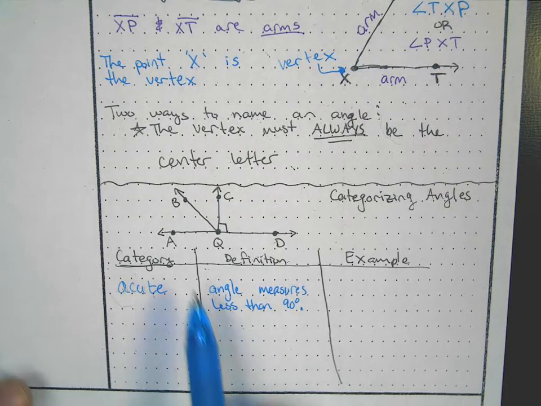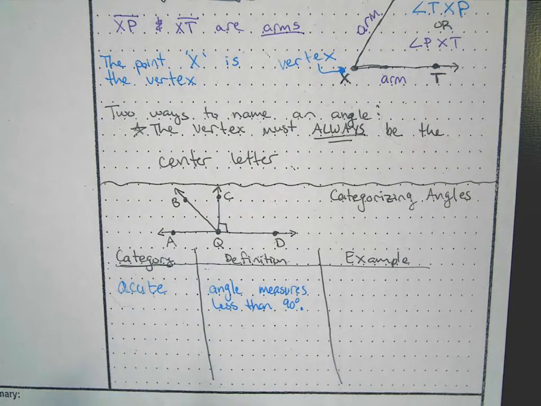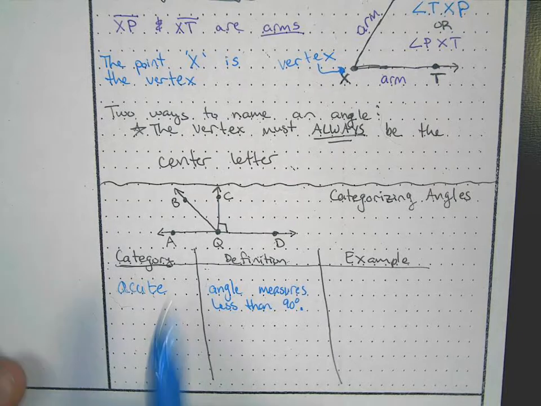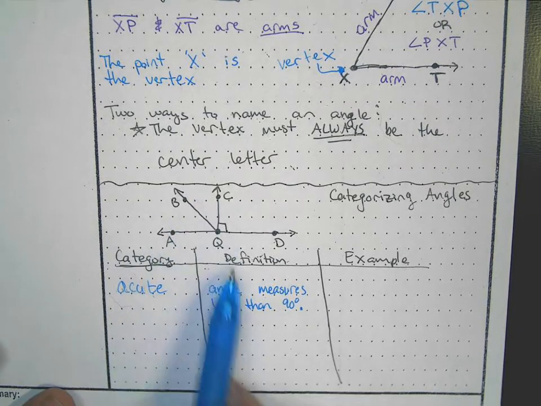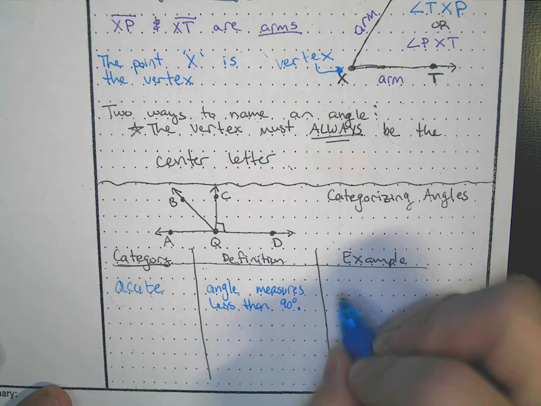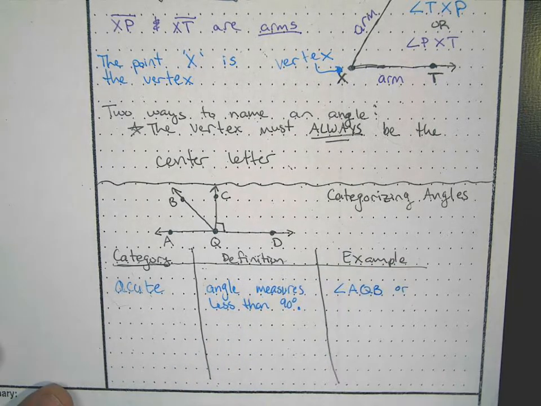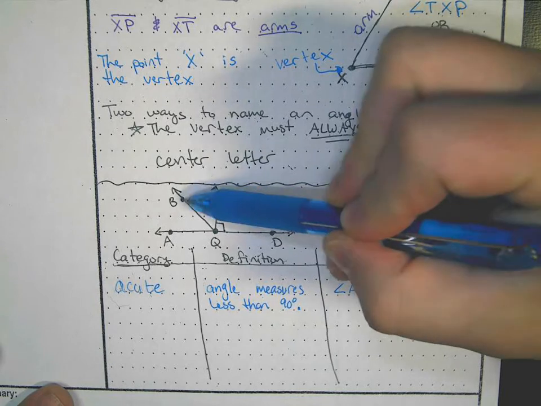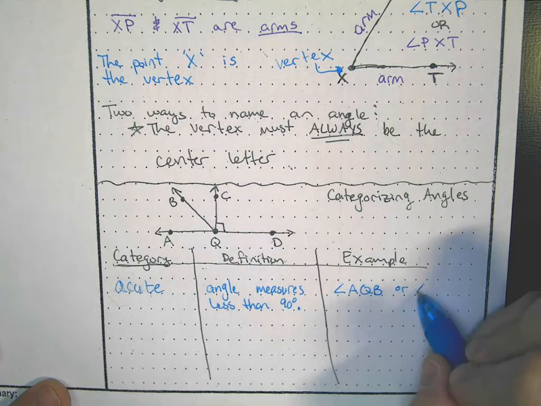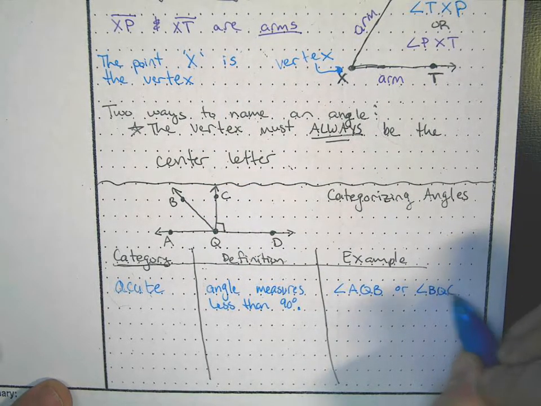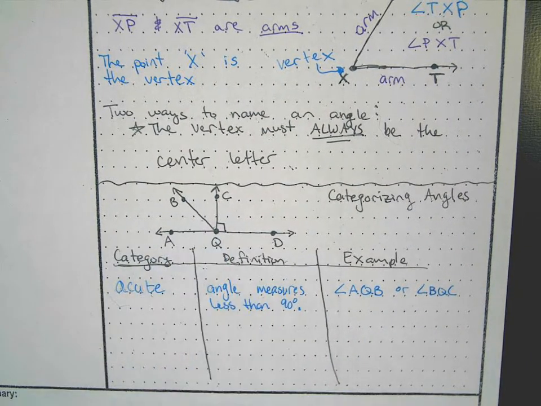And the angle that measures less than 90 degrees, I see two possibilities. We can say angle AQB, always putting that vertex in the middle, or angle BQC. Both of these angles are less than 90 degrees.